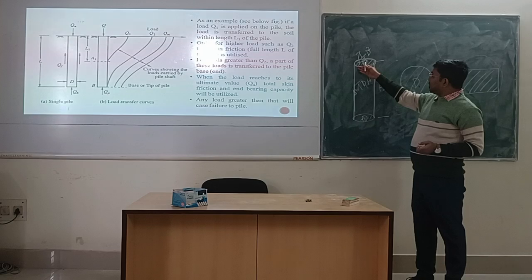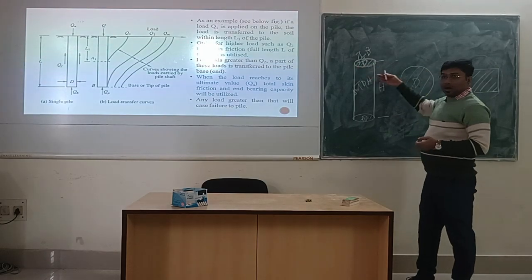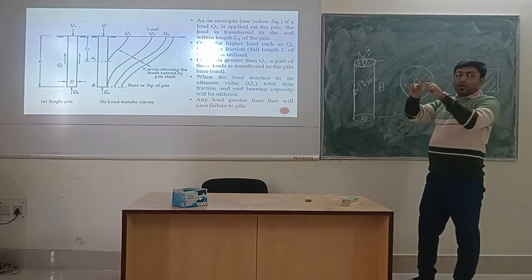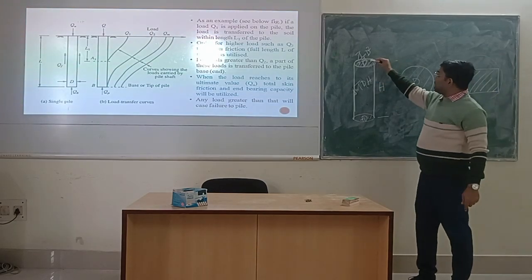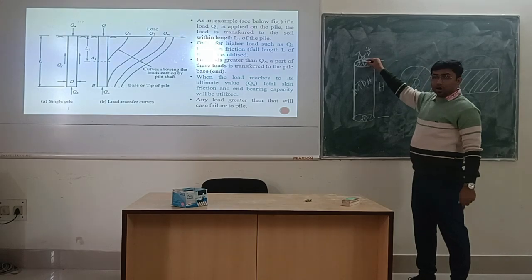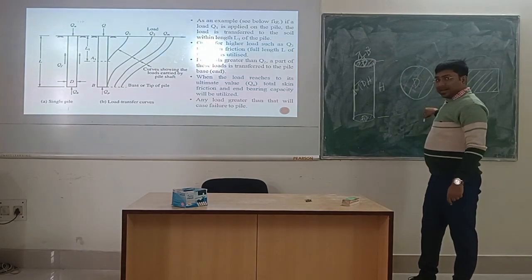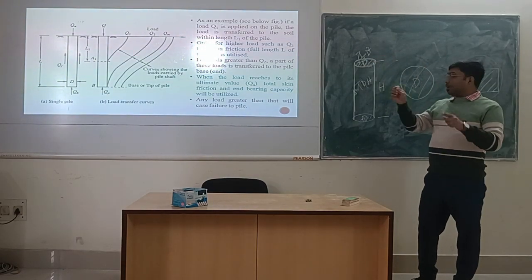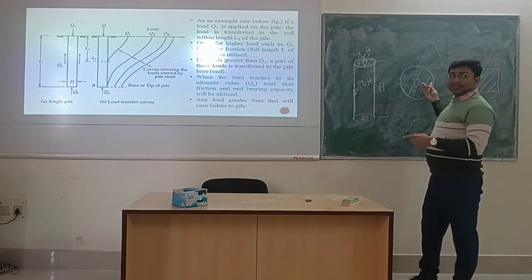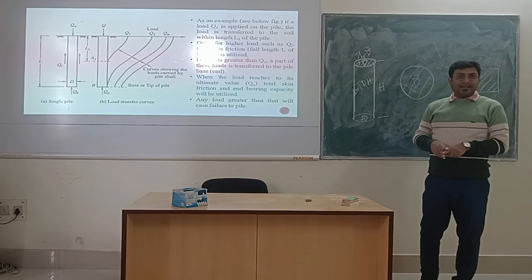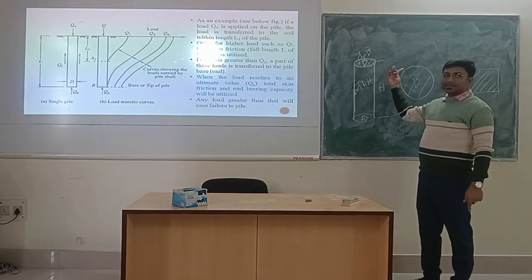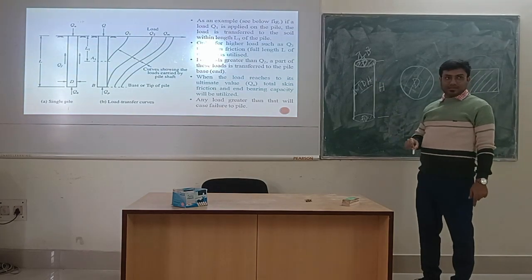Because if you unfold the total thing, that will be a rectangle. One side is this 2 pi r or pi d, and another side is h. So if you unfold this total thing, that will simply be a rectangle, and the area of the rectangle is the shaft area, that is pi d h.